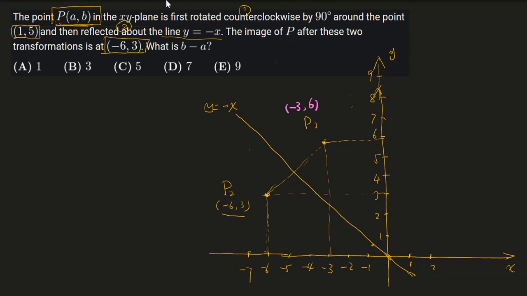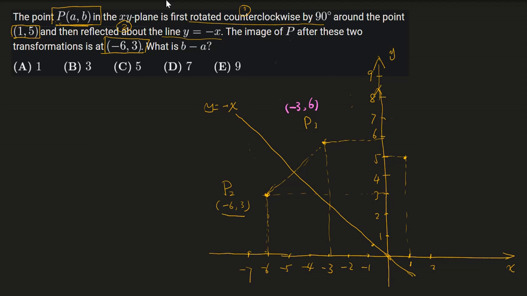And now we need to find the coordinates of the very beginning location of P. What we did in there was the rotation counterclockwise by 90 degrees around the center point (1, 5). So let's first mark that point. This is our center point, (1, 5).